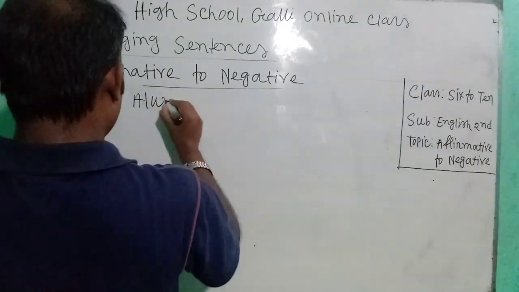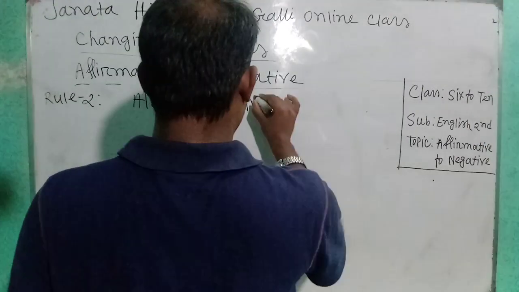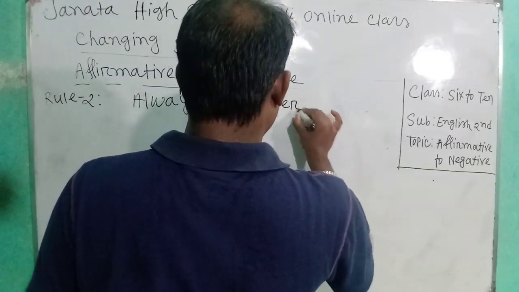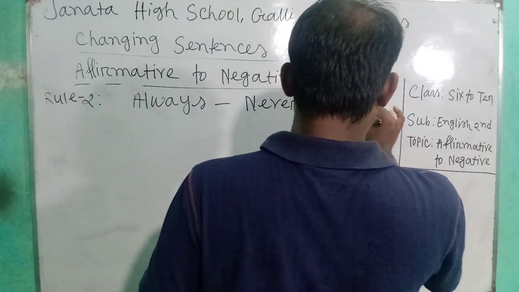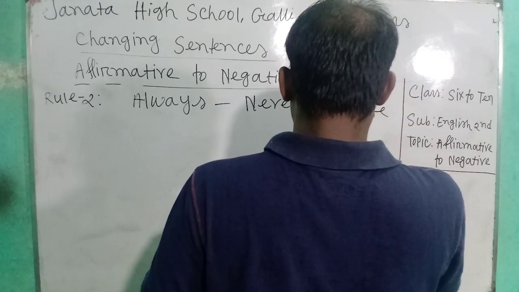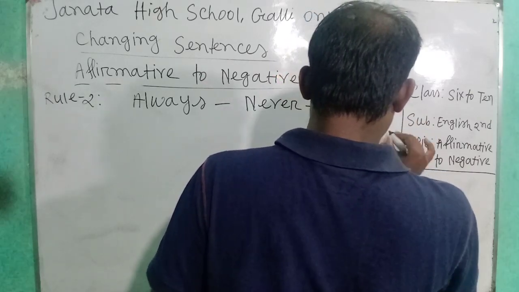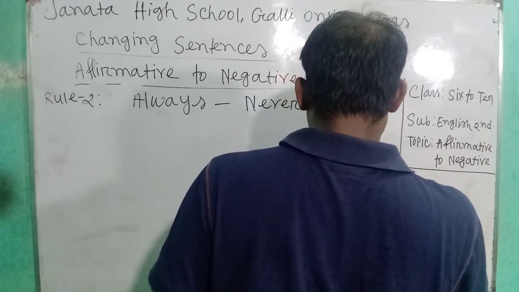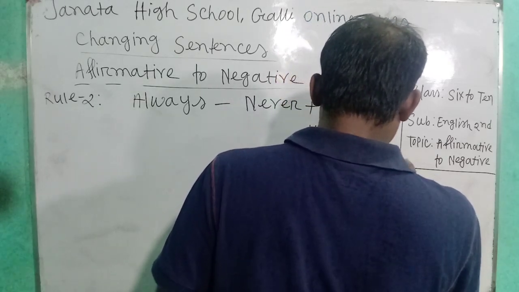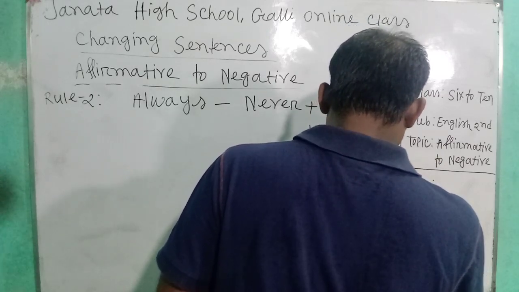Rule 3: always becomes never plus the opposite word of a verb, noun or adjective.